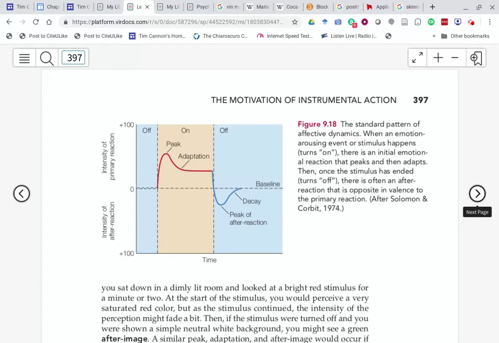So let's look at this. And there are figures in your textbook because they're based on this theory, even though it's been adapted. There's a zero line, your baseline, and this baseline is the way you came into this situation.